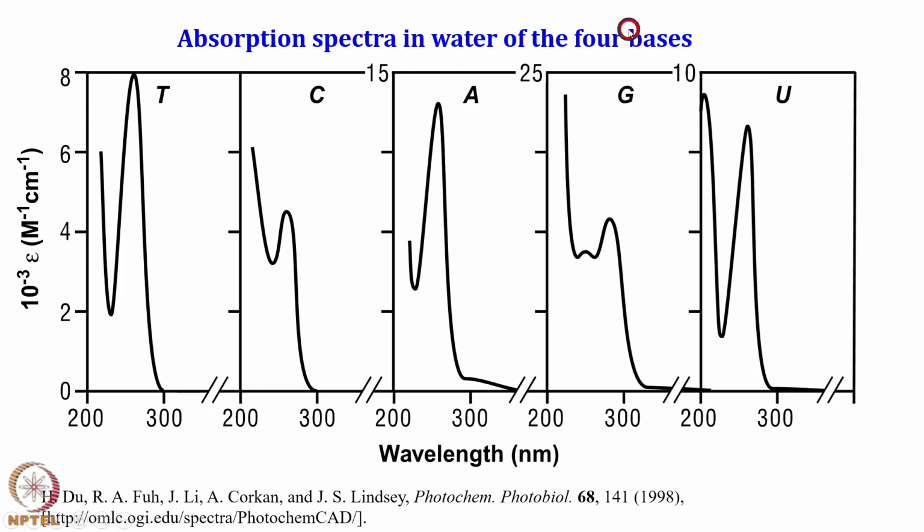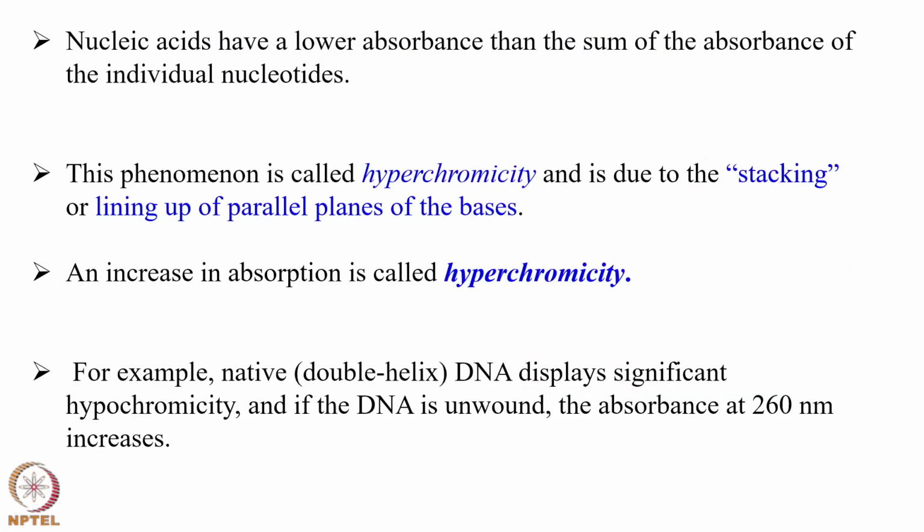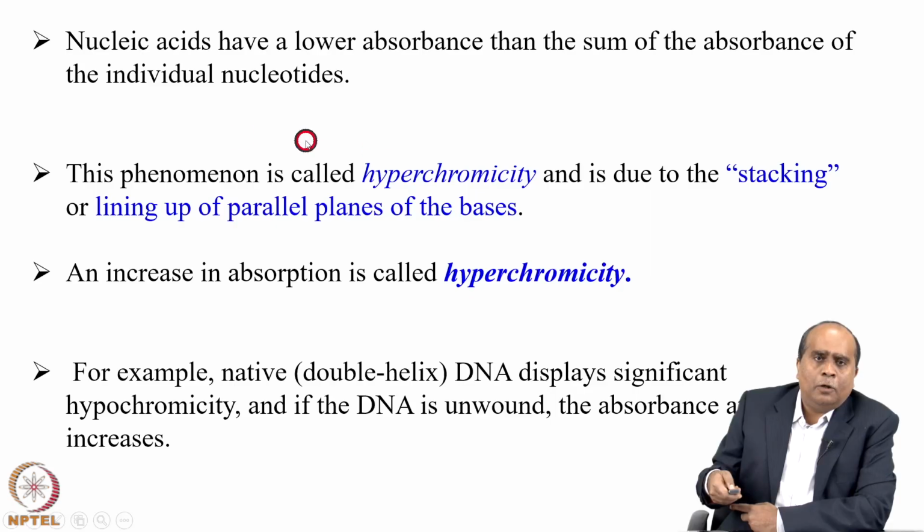Here A and G are higher, then T and U are a little less compared to that. You look at the y axis that is changing, right. That is the absorption that is happening around 260 for each of these bases, and that is the chromophore in nucleic acid.